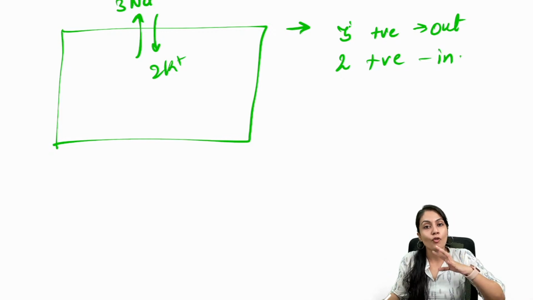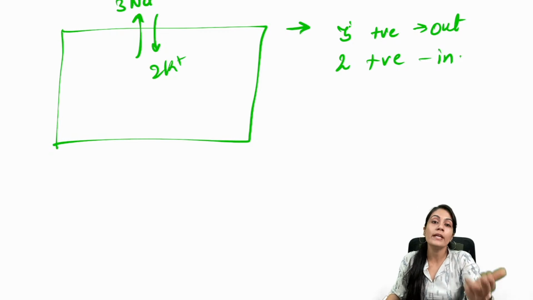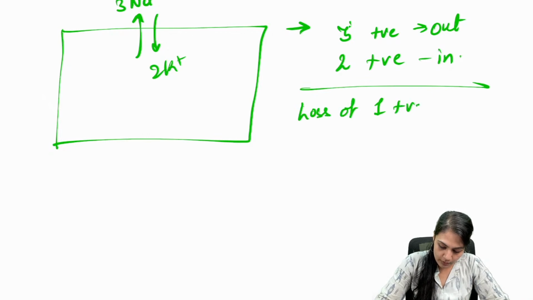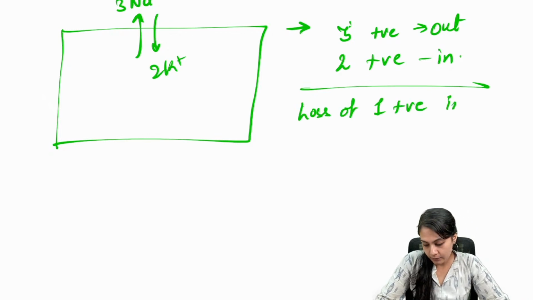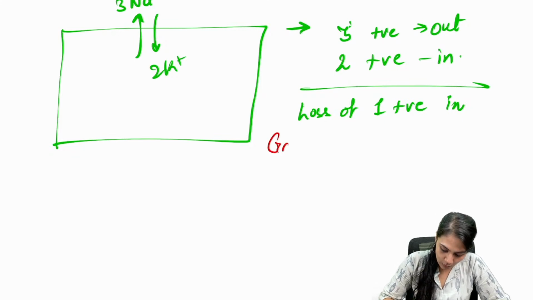Same over here: from the cell, 3 positive went out, but only 2 came inside. So I can write there is a loss of 1 positive in the cell, alright? Or I can say that there is a gain of 1 negative inside the cell, isn't it?